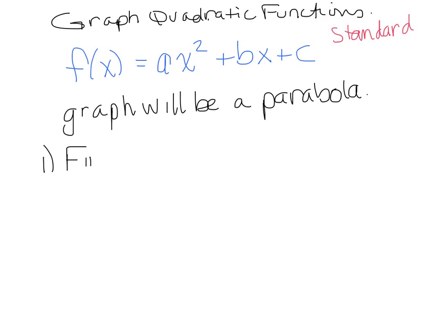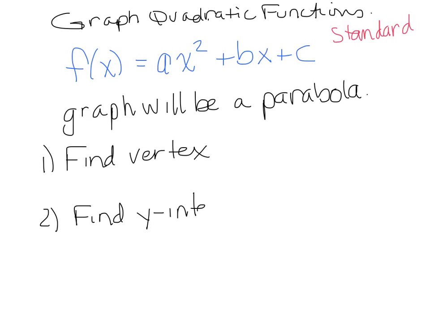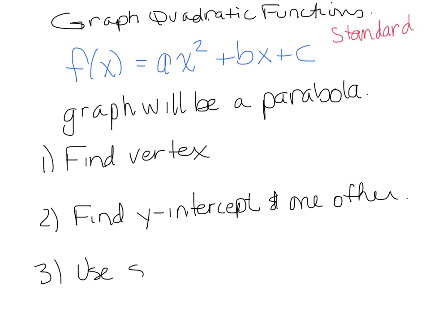We're going to find the vertex, and for some additional points, we will find a y-intercept, and maybe one other point. And then we're going to use symmetry to graph some more points, okay? So let's go through this.